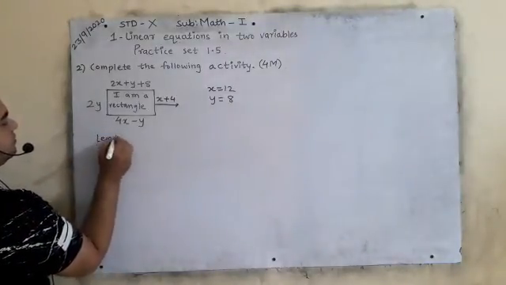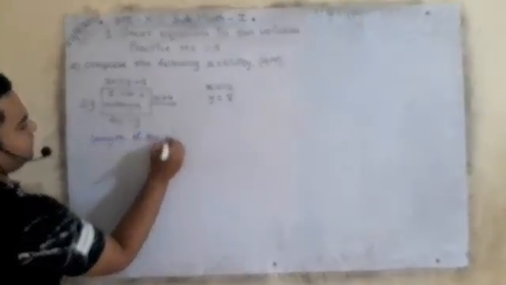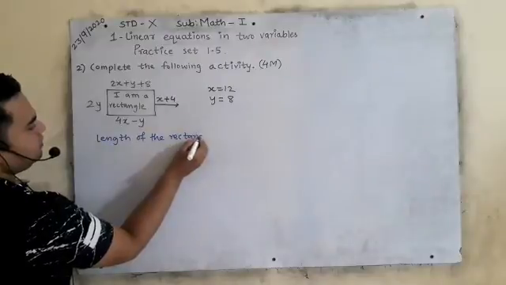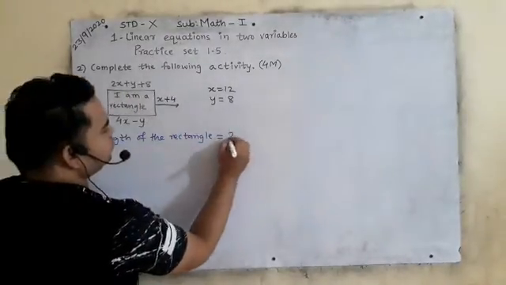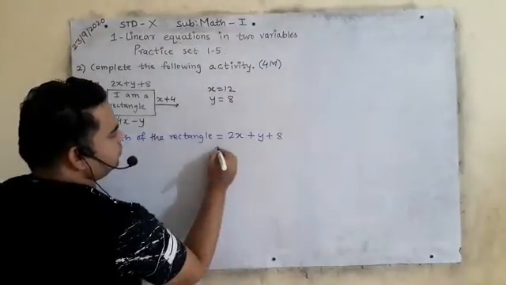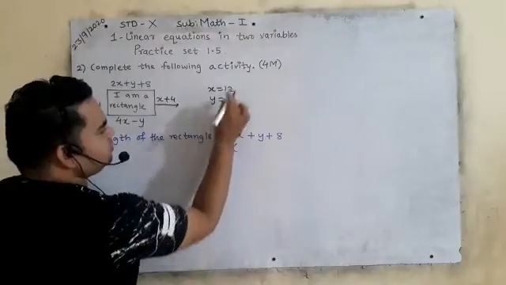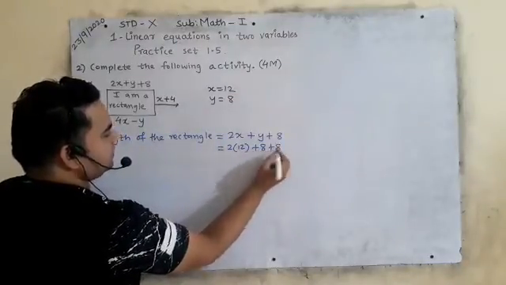Length of the rectangle is equal to, this is length, right? That is 2x plus y plus 8. So 2, x value is how much? 12. Plus y is how much? 8 plus 8.